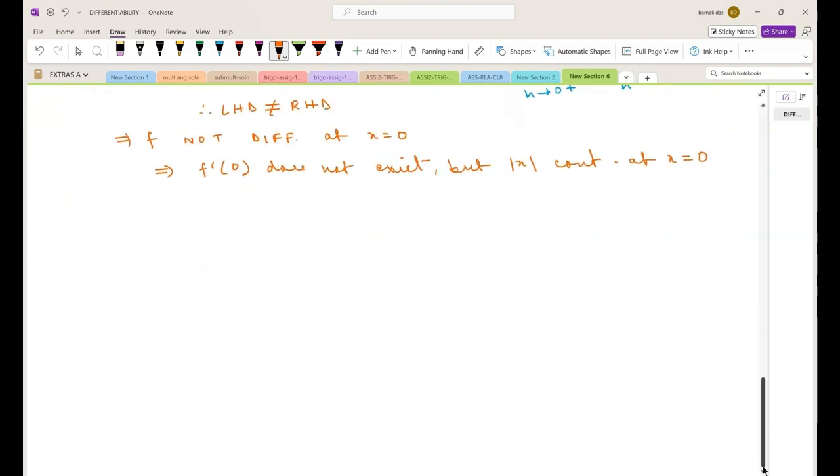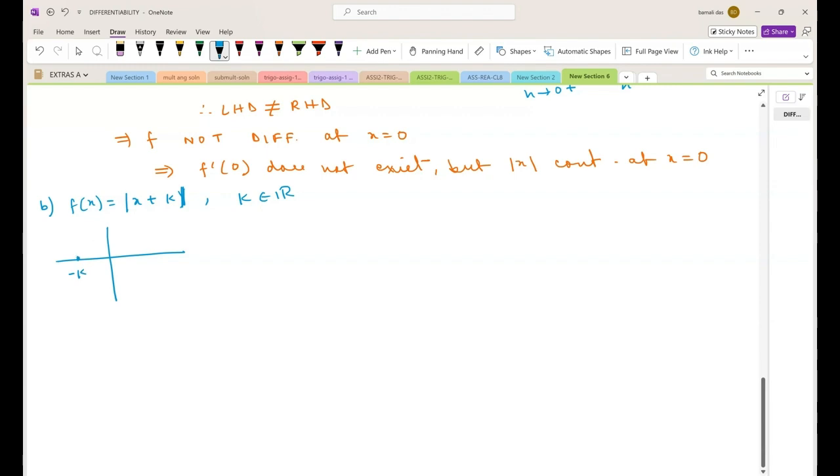Now, in relation to this, if we check similar functions, that is f(x) equal to, say, mod x plus some k, where k belongs to R. I think I told you already that if you have a plus k here, then the corner lies at minus k.